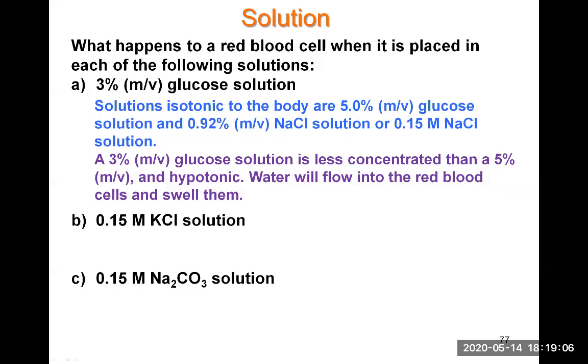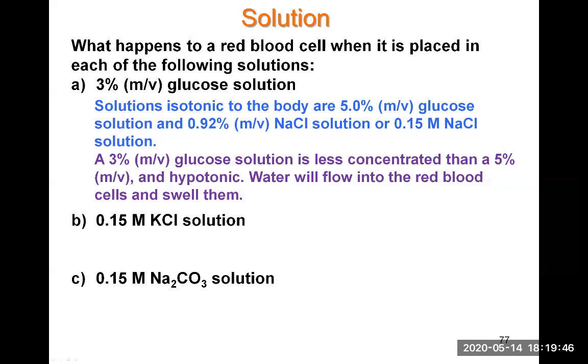And remember that when you have an ionic compound, you need to take into account that when they are in solution, they are dissociated into their ions. And here in NaCl, we have Na+ and Cl-, right? 2 ions per formula. Now, if we look at KCl, we will have K+ and Cl-, one of each. So 2 particles per formula. And because the molarities are the same, 0.15 molar and 0.15 molar, in each case we will multiply by 2 particles.